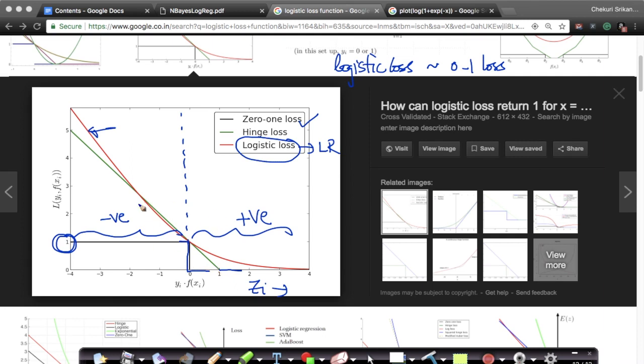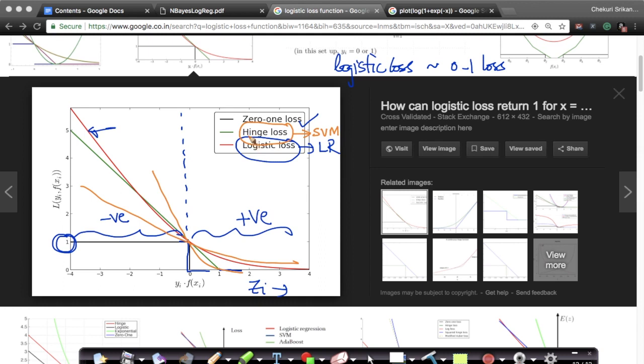There are many, many functions like this. As I told you, I can draw thousands and thousands of functions like this. The most studied are logistic loss and hinge loss. So when we apply hinge loss, what we get is another very, very popular algorithm in machine learning called support vector machines.